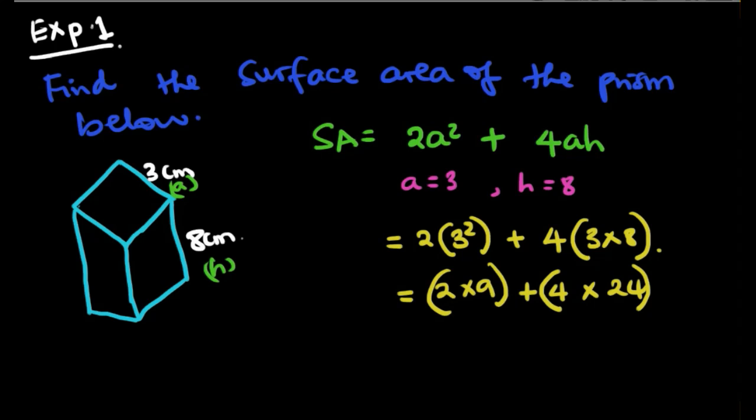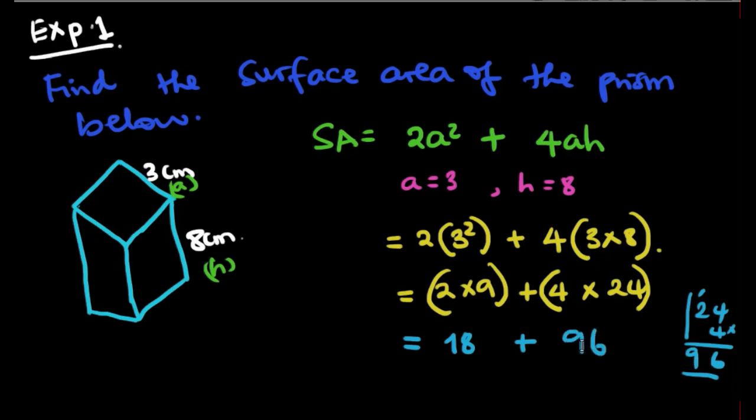So this means that we have 18 plus, what do we have? 4 times 24. 4 times 4 is 16, we write 6 and carry 1, 4 times 2 is 8 plus 1, 9.